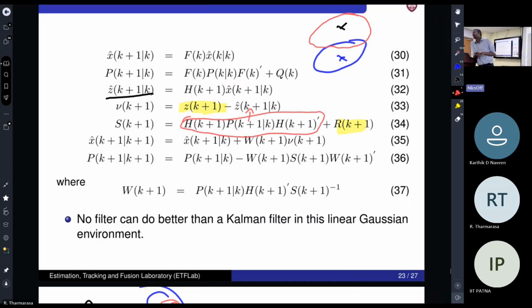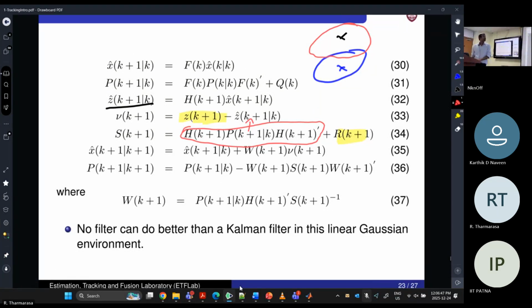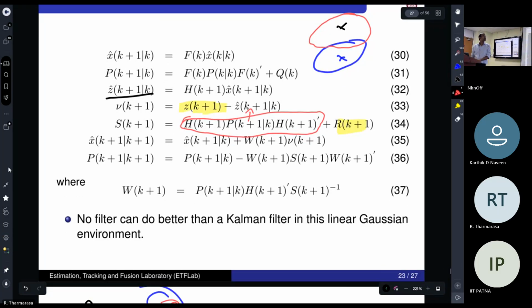So definitely we have to use this covariance in the association gating part.